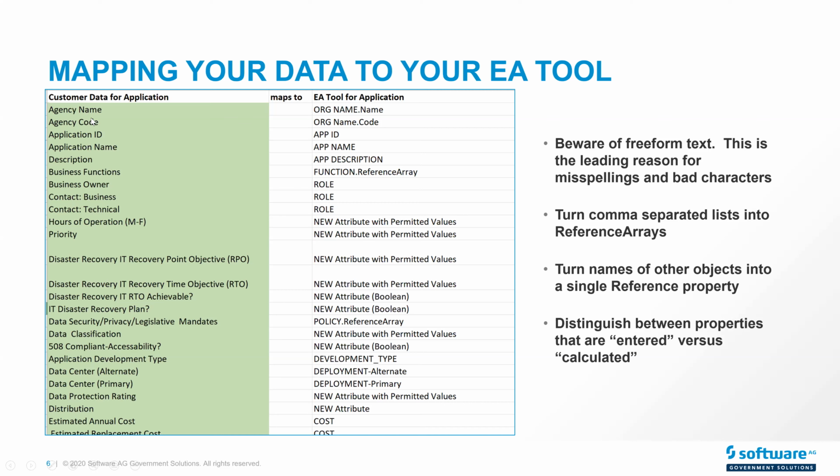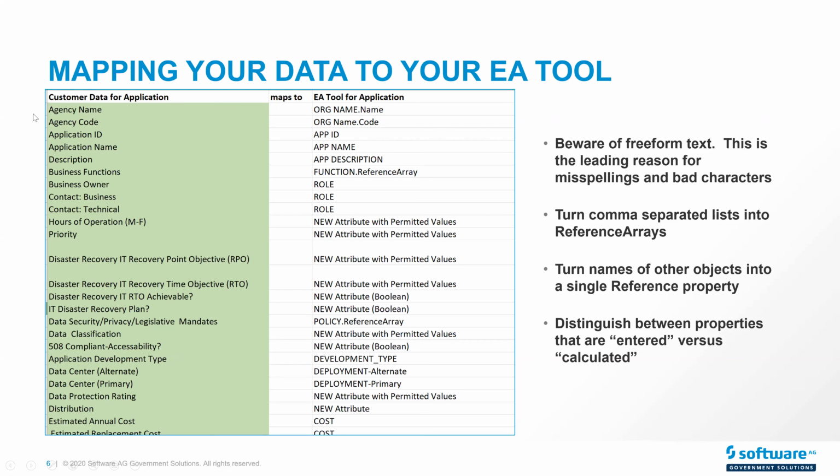We keep the agency name, the agency code of the application, what's its name, descriptions. We keep all the business functions. We keep our contact information, our address locations, our data center locations, our costs, and so on and so on and so on. It just goes on and off the page.